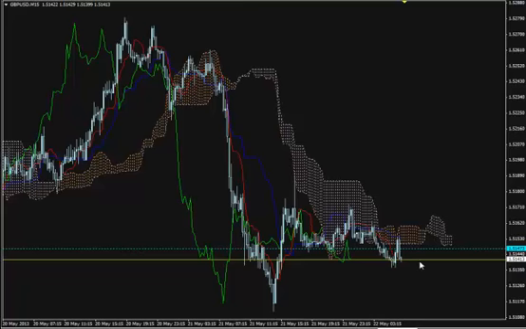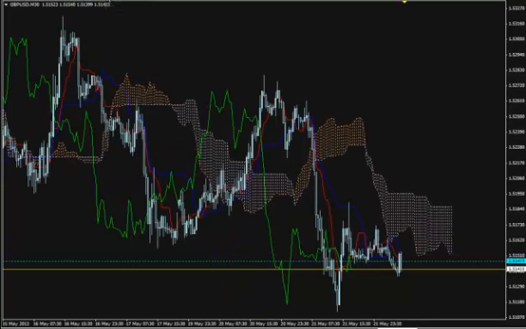Maybe it will go sideways for a while, but the axis of the leading Kumo, which is bearish, gives a slope downwards. So always pay attention to the geometry of the chart. The Chikou span, the green line, is definitely below past price action. It was going up and now it's turned down again.